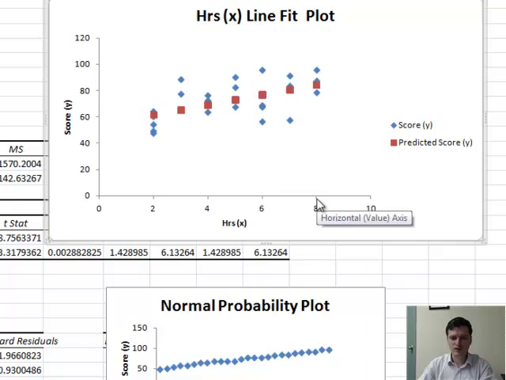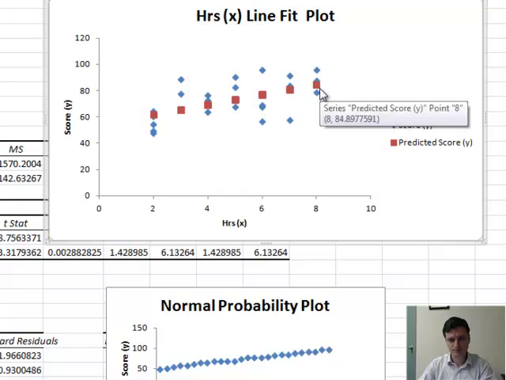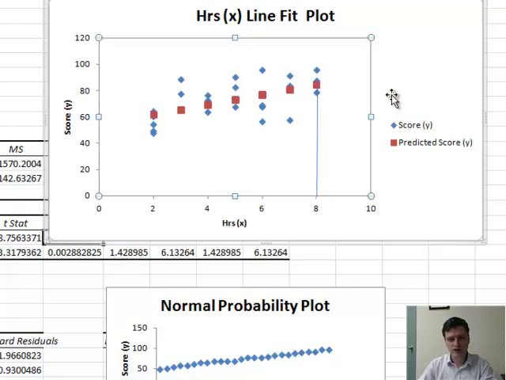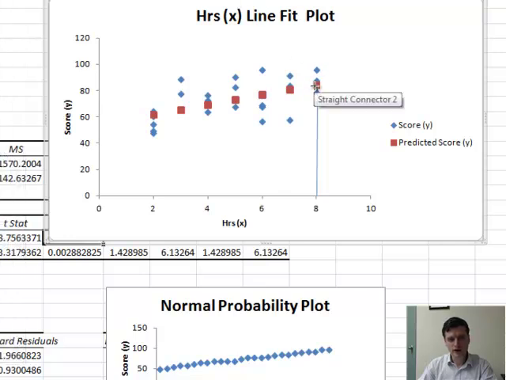So for example, right here, if the student studied 8 hours, I will draw a line from 8 hours up to the point where it touches the regression line, and then another line across.